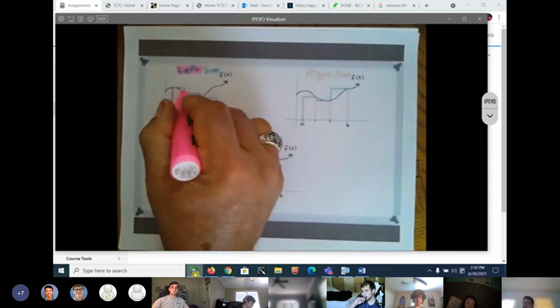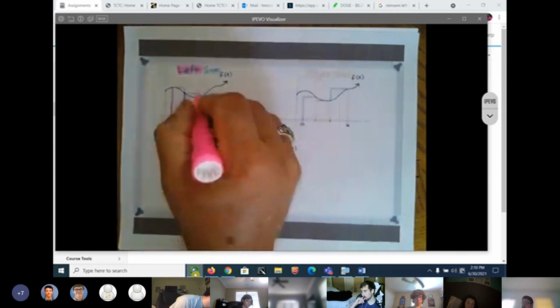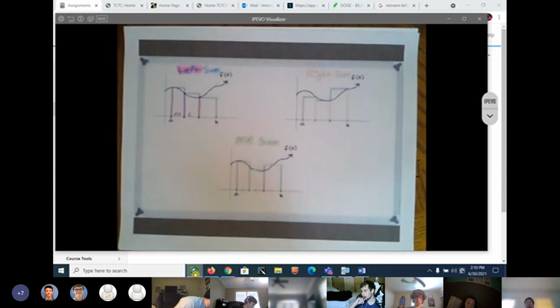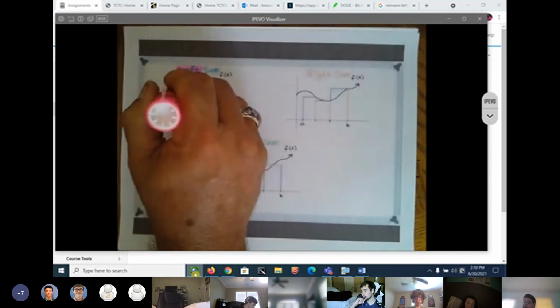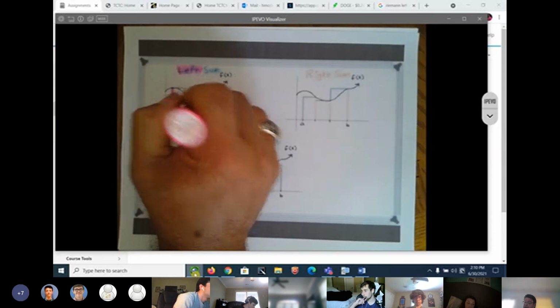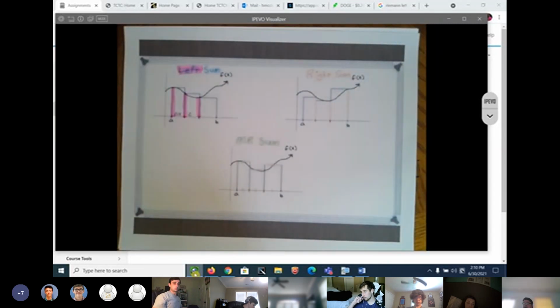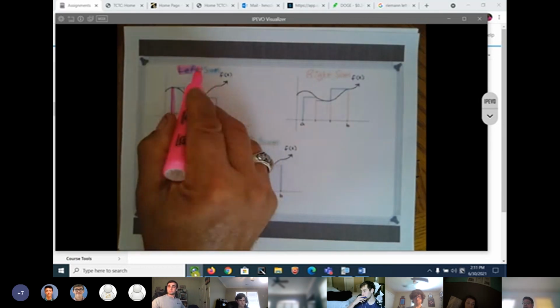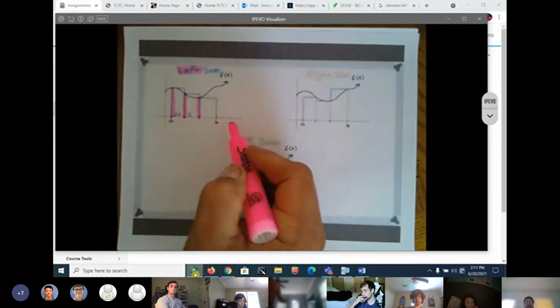So it's going to hit there, it's going to hit there, and it's going to hit there. And then you draw the boxes accordingly to those 3 lines right there. They're on the left-hand side of your boxes. Okay, so left means left-hand side of rectangles.